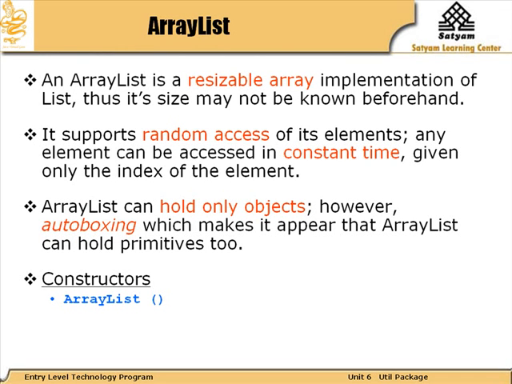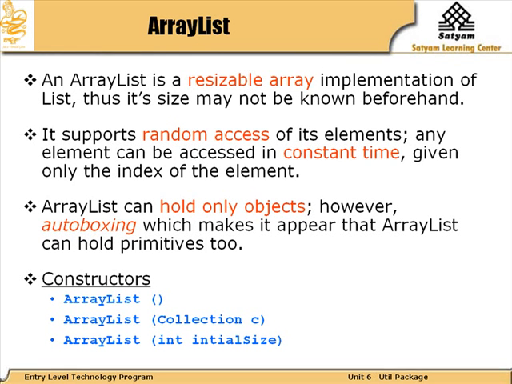Constructors of ArrayList. ArrayList comes with three constructors: a parameterless constructor, a parameterized constructor which takes a collection as an argument, and also a constructor which has an initial size.